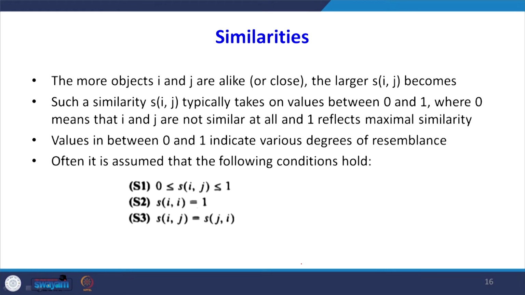Often it is assumed that the following conditions hold. S1: 0 is less than or equal to S of i comma j, which is less than or equal to 1, because the range of similarity is between 0 and 1. S2: the similarity between i and i itself is 1, and S of i comma j is equal to S of j comma i.